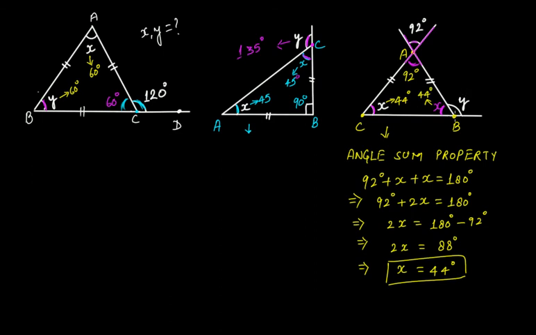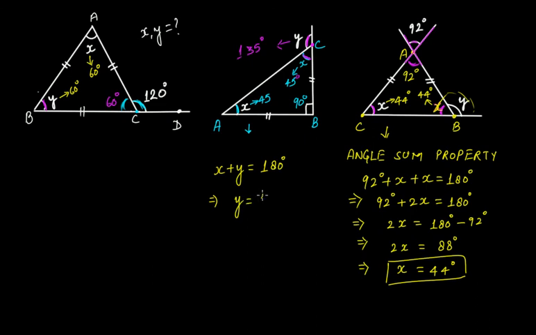Now if you focus on this vertex B, then this is actually forming a linear pair, right? So in this case, since they are forming a linear pair, x plus y will be equal to 180 degrees. Now since we know the value of x, y is equal to 180 degrees minus x, which means 180 degrees minus 44 degrees.